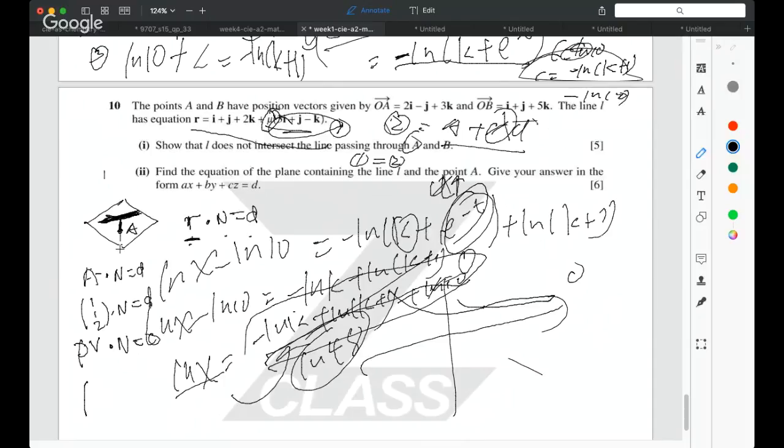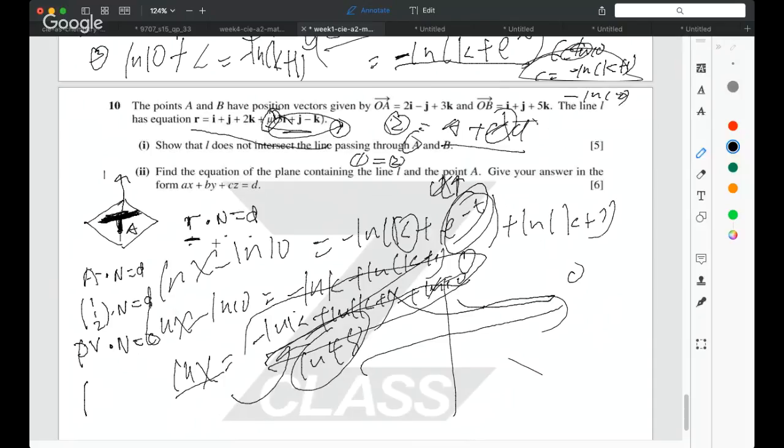A cross product of two vectors is another vector which is perpendicular to both. So if you cross this vector with another vector, you get the normal vector to the plane. So it's easier to get.